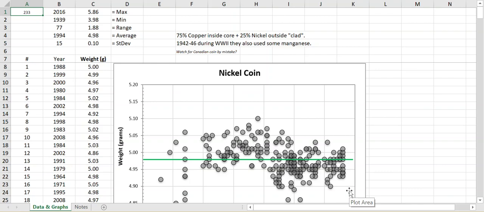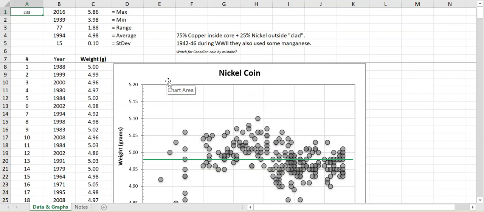What I have students do is take 5 nickels, coin nickels, weigh them on a digital scale, and record the year stamped on the coin and record the weight measured in grams. And I have over 233 data points for this. And again, we can calculate maximum, minimum, range, an average, and a standard deviation.